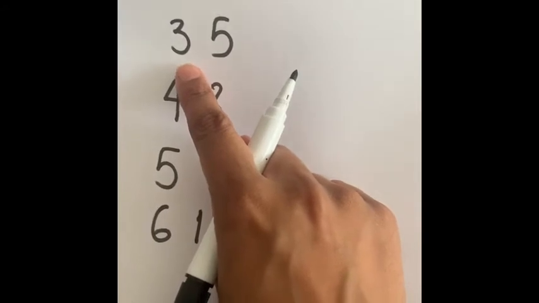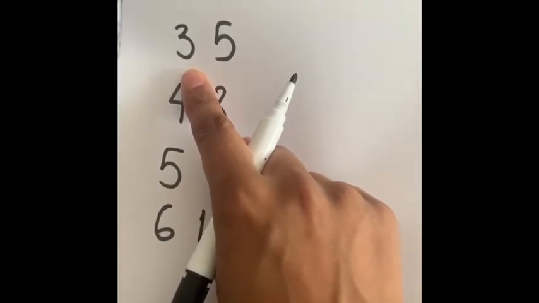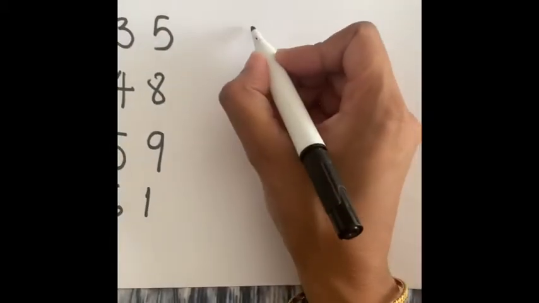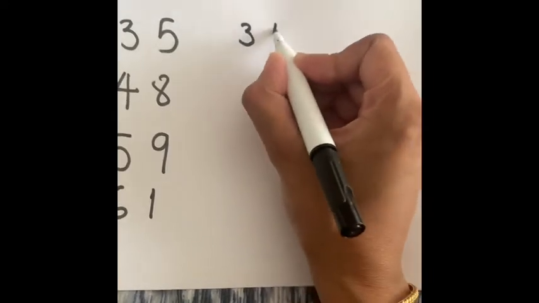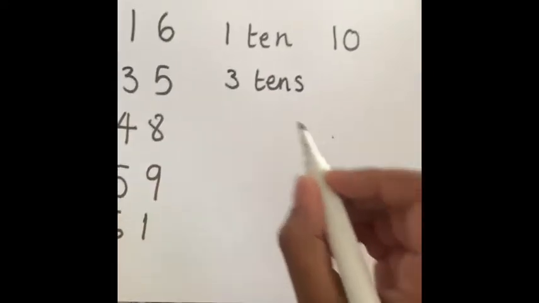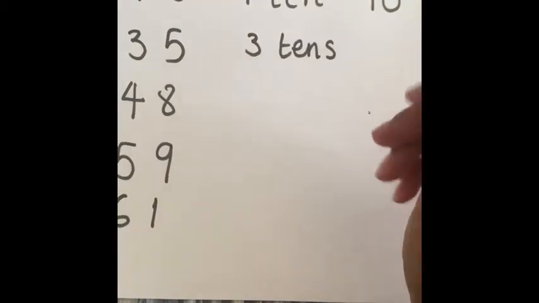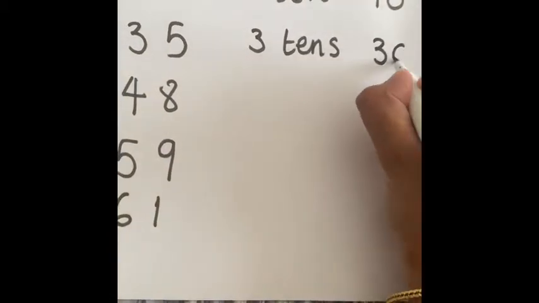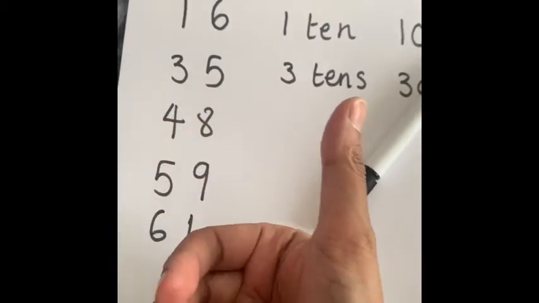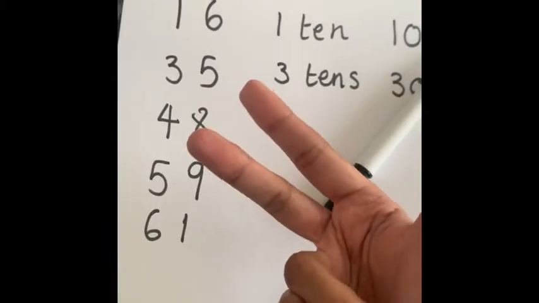How much is the number 3 worth in 35? The 3 tells us there's 3 tens in this number. 3 tens is 30. You can always check, use your fingers. 3 tens, 10, 20, 30.